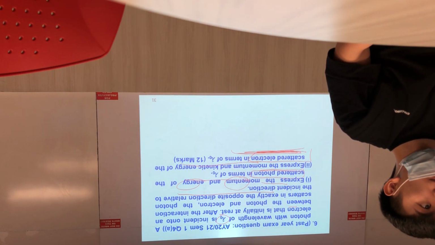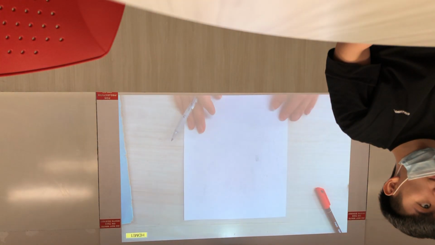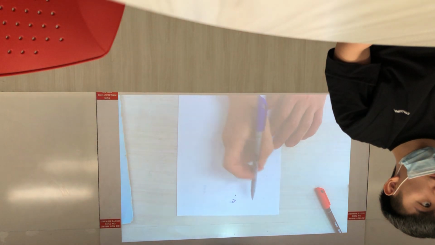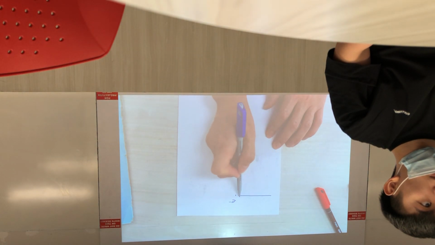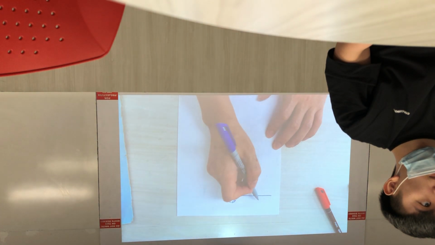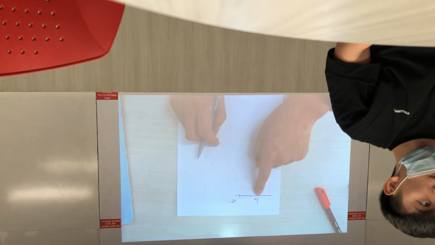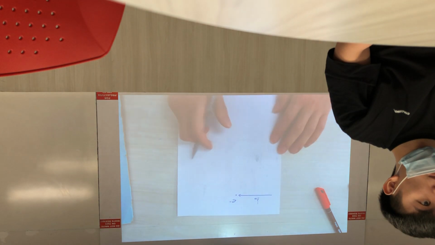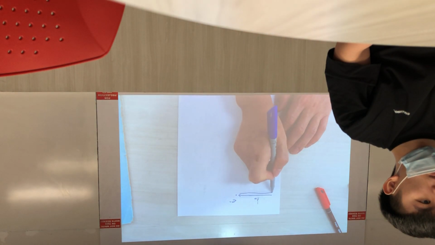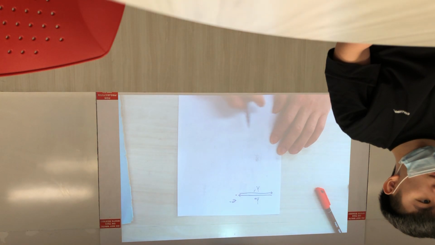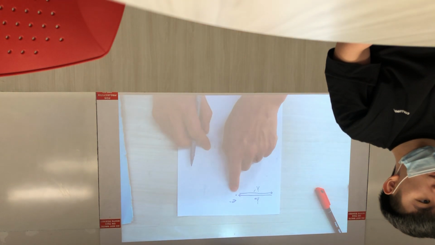I will do a diagram to illustrate this scattering event. The electron was at rest here, and then our incident photon comes in this direction with a wavelength of lambda 0. And then this photon is sent off in the opposite direction with lambda prime. Then what would happen to this electron?